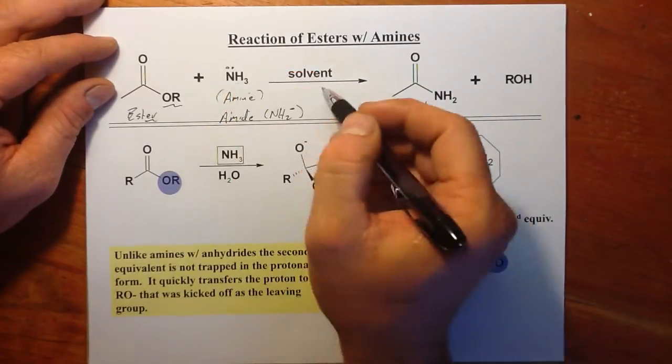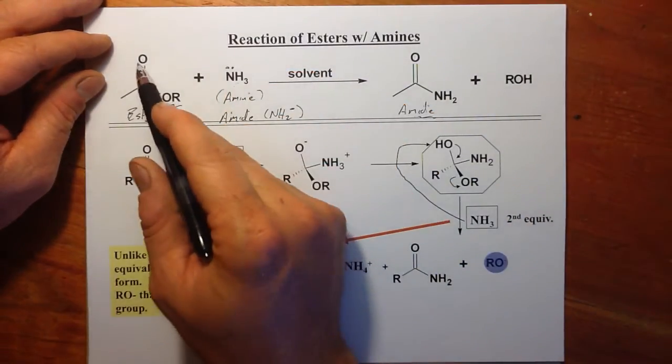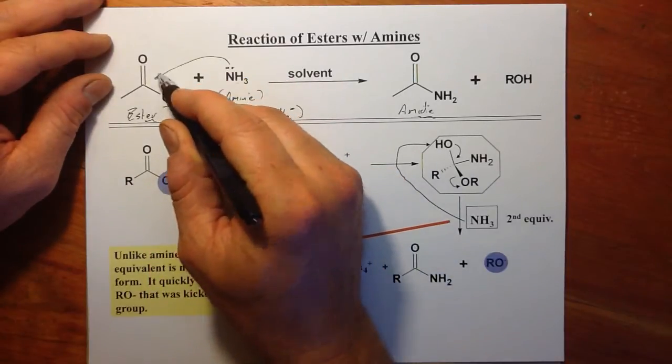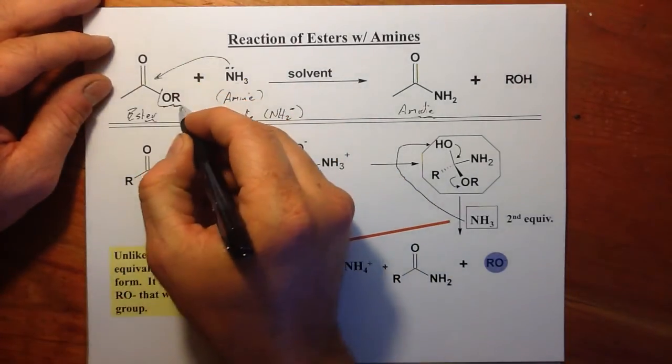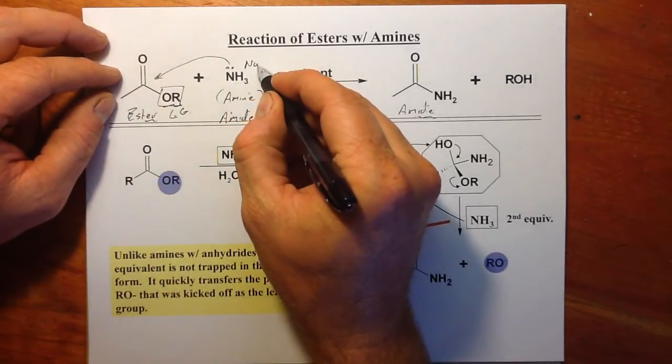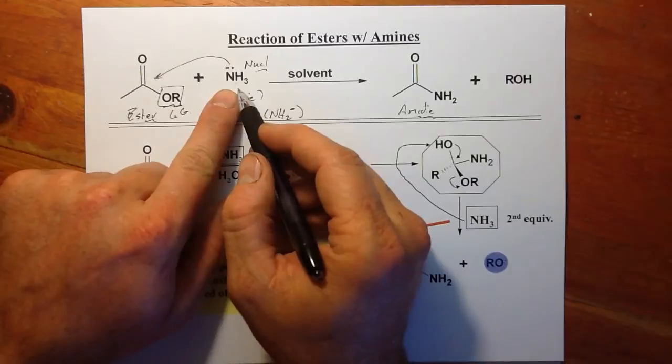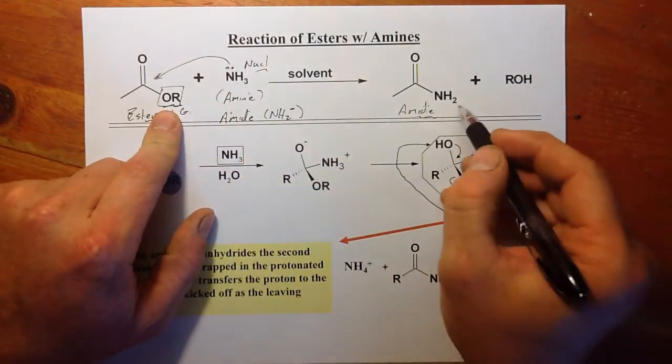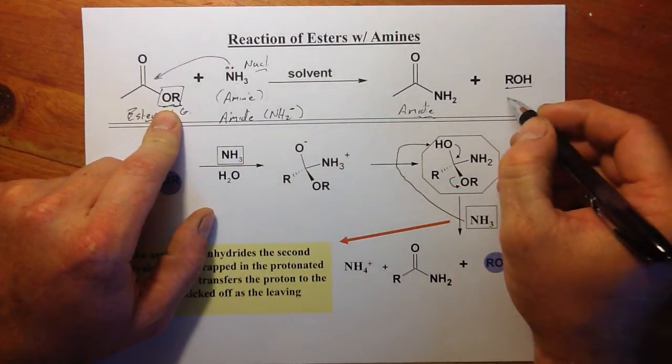So we don't have any acidic protons. There are no acidic protons to protonate this oxygen. So we're just going to propose that we in general have this as our leaving group. This is our nucleophile, and we know if we use a neutral nucleophile, in the end, one of those protons has to go to the leaving group.